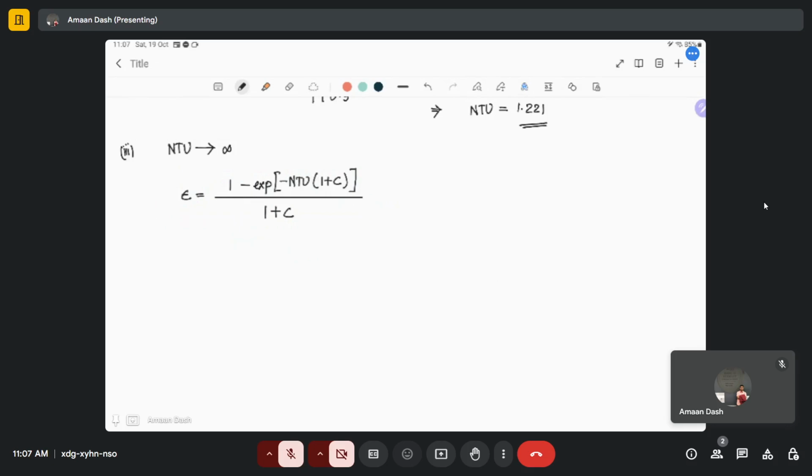So we have 1 by exponential of infinity, which reduces down to 1 by 1 plus c, which is equal to 1 by 1 plus 0.5. So this is equal to 0.667.